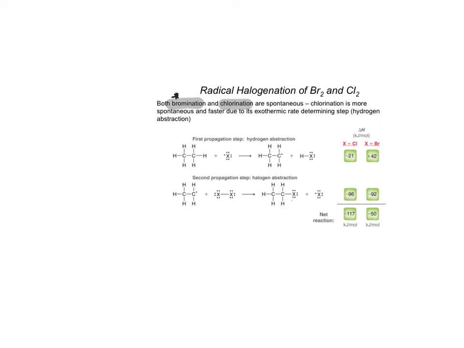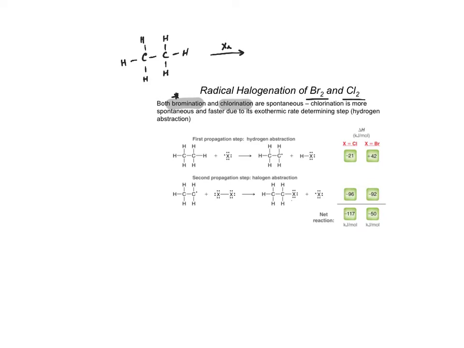So now we're going to move forward, only considering bromine and chlorine. And we're going to move forward to, let's say, instead of methane, let's say ethane, right? So let's say that we had ethane as our alkane, and we want to radically halogenate it as well, right? So we're taking our ethane, we're reacting it with either bromine or chlorine.